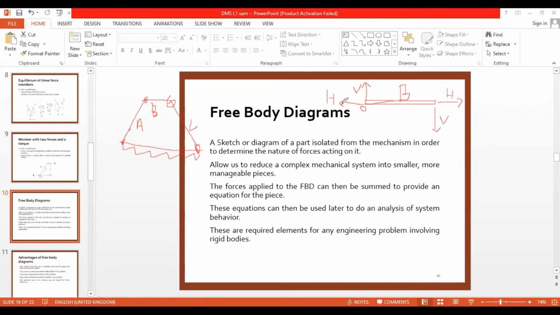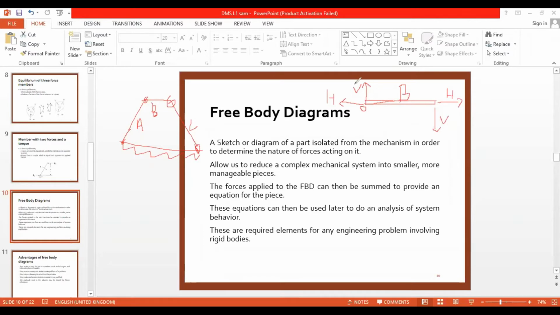Here I have arbitrarily taken a vertical and a horizontal direction. It need not be that this vertical should go up and that vertical should come down. You can draw arbitrarily. If it is given as equilibrium, then if you draw one force member upwards in a link, the other force member will automatically act opposite to it.